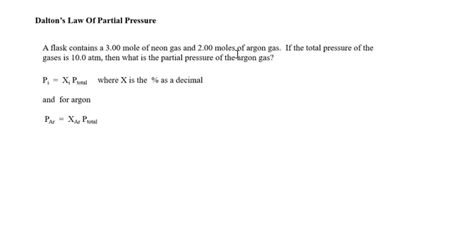Pi equals chi times P total. Chi is the percentage as a decimal. It's the fraction. Well, you know the fraction of argon. It's 2 moles out of the total. Total of 5. I wrote 2 moles plus 3 moles so you could see where 5 moles was coming from. 2 out of 5 is the percentage as a decimal. So we just do the math, and hopefully I did the math right, and you get 10. I mean, you get 4 out of 10.